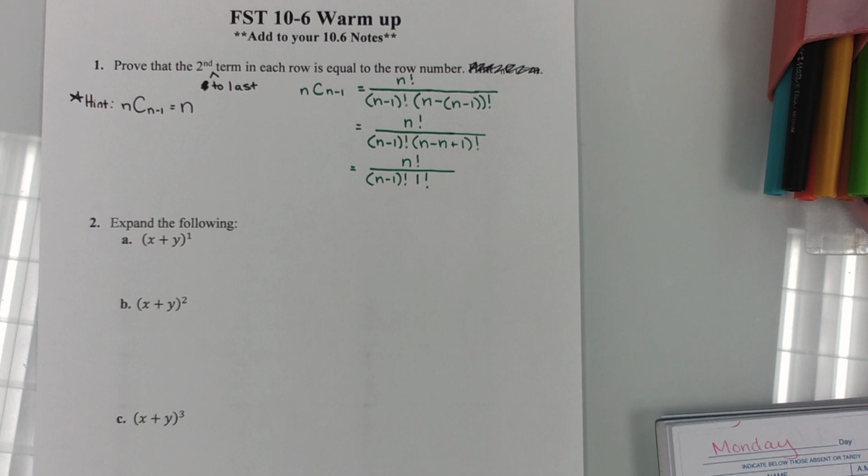Therefore, n factorial can always be written as n times n minus 1 factorial.